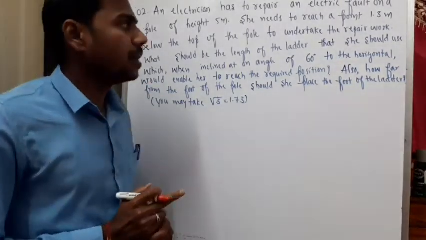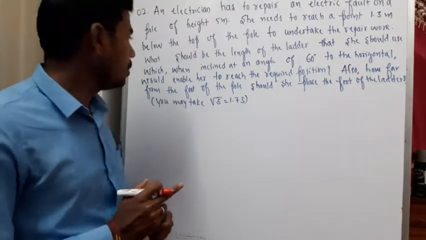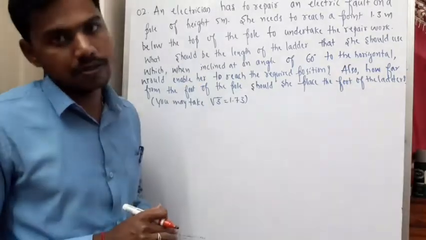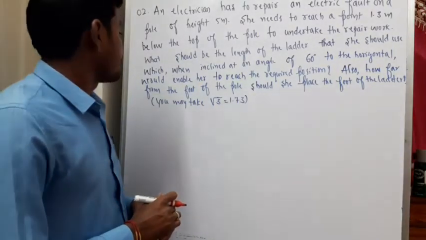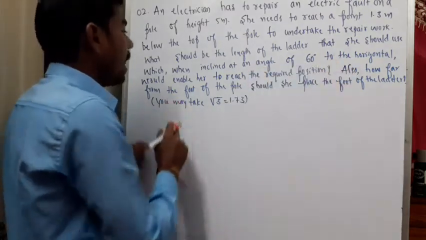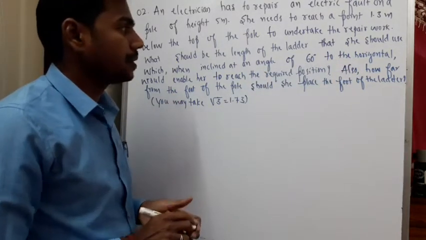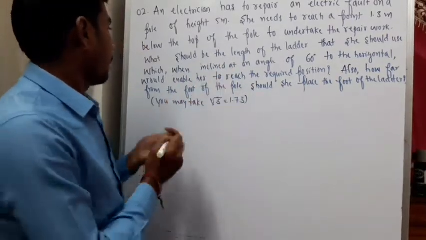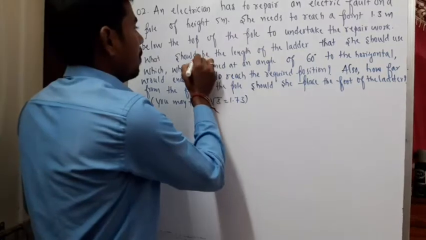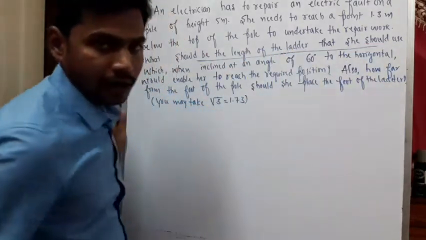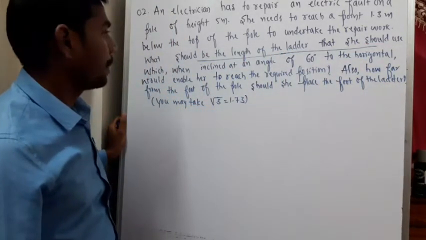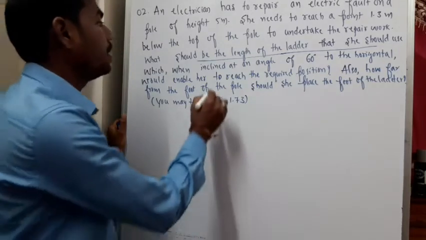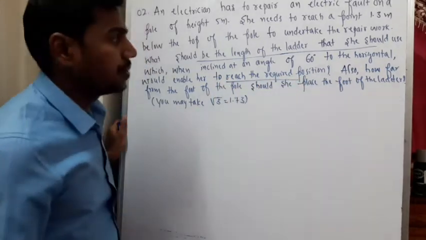What should be the length of the ladder that she should use, which when inclined at an angle of 60 degree to the horizontal would enable her to reach the required position?